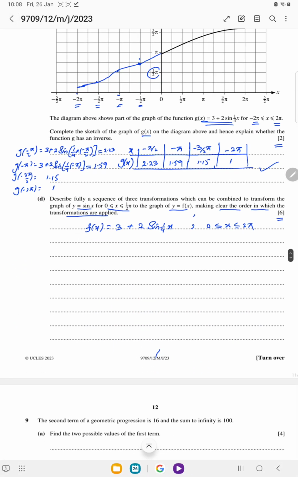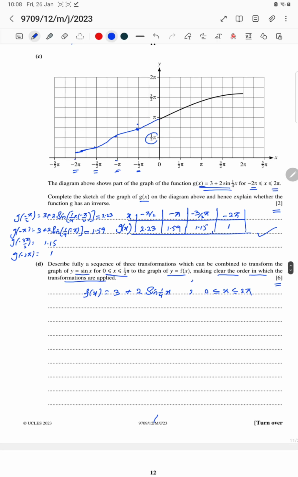So here it goes. We have to write the first transformation. I'm going to write this case study with different colors. This is the horizontal stretch with stretch factor 4, which is the reciprocal as per the rule of stretch.